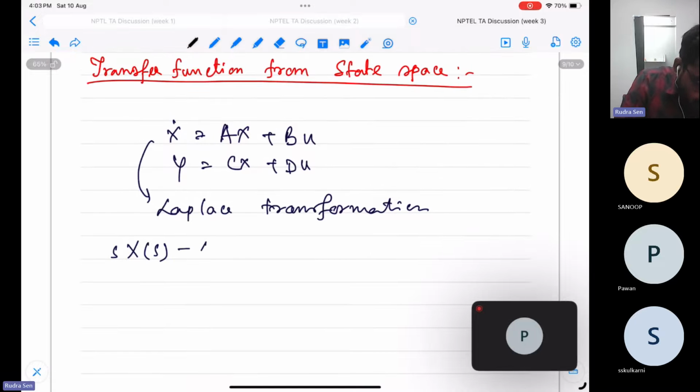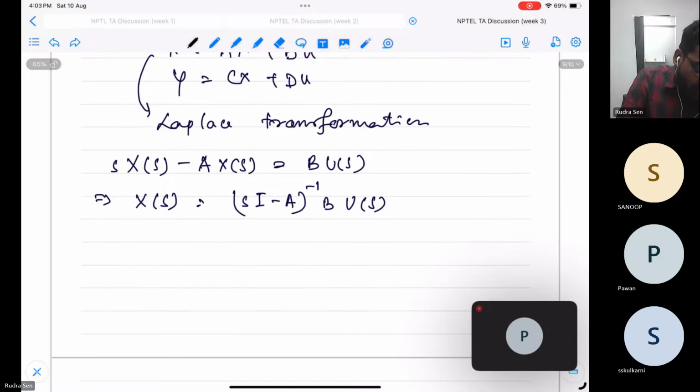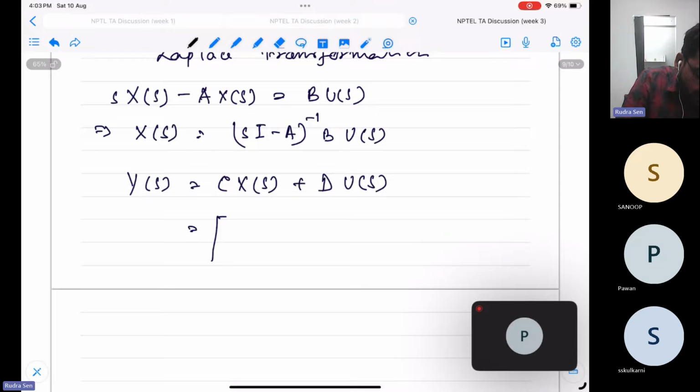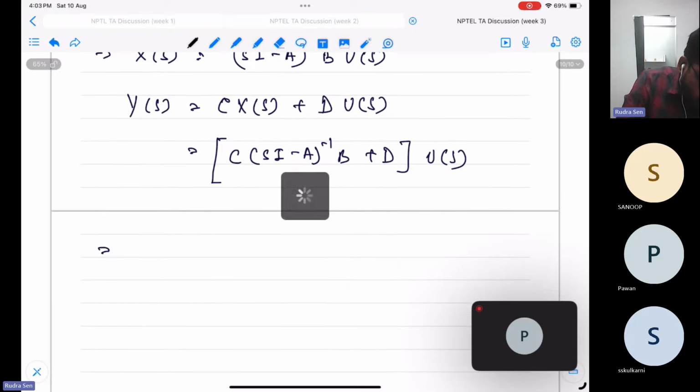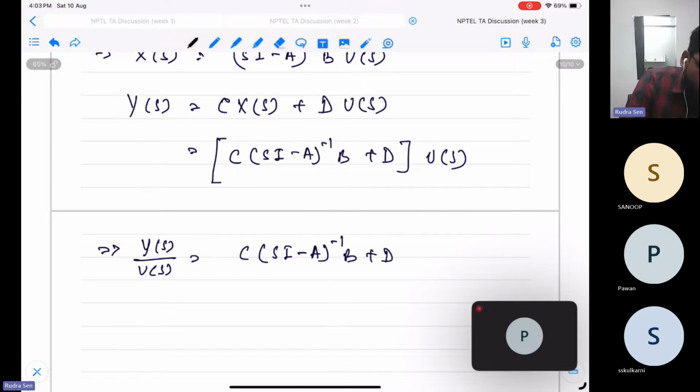I am moving this term over here, so sX(s) minus AX(s) equals BU(s). So what I get, X(s) is equal to (sI minus A) inverse into BU(s). And if I consider Y(s) equals CX(s) plus DU(s), what I will get is C into (sI minus A) inverse into B plus D, times U(s). So the transfer function is Y(s) by U(s), which is C into (sI minus A) inverse into B plus D.